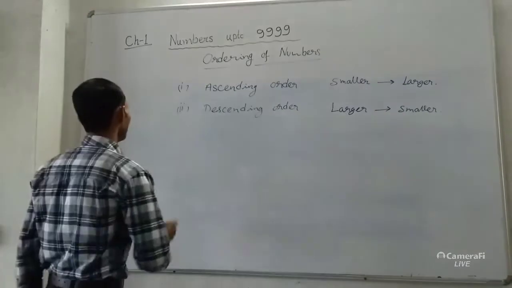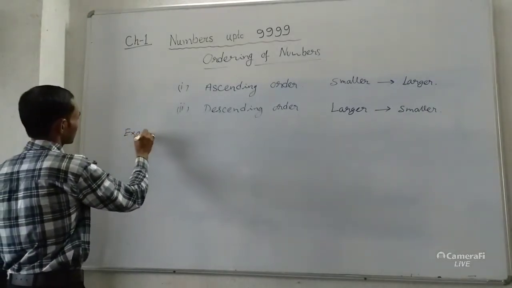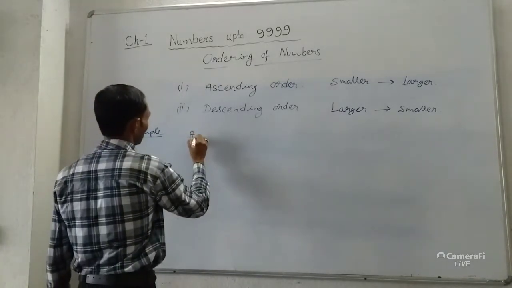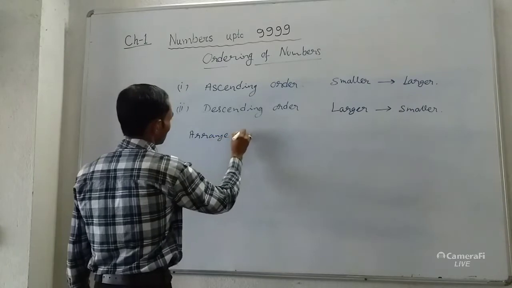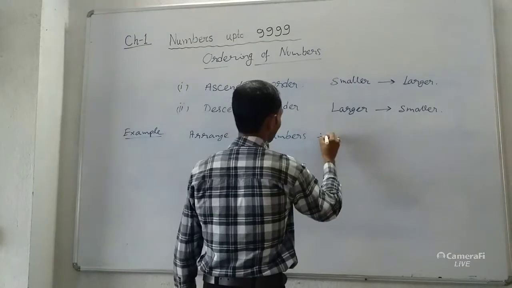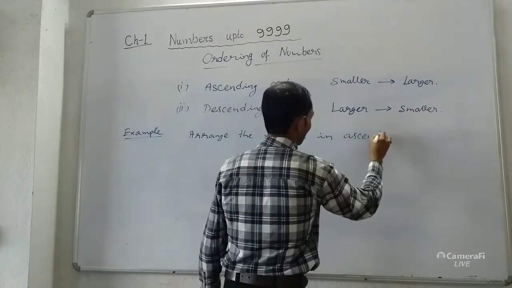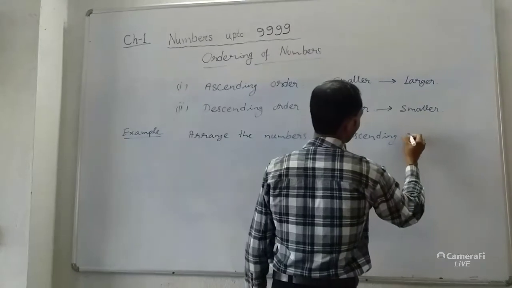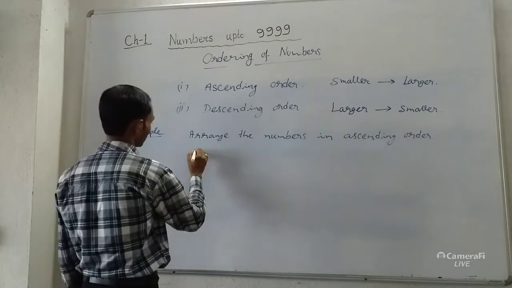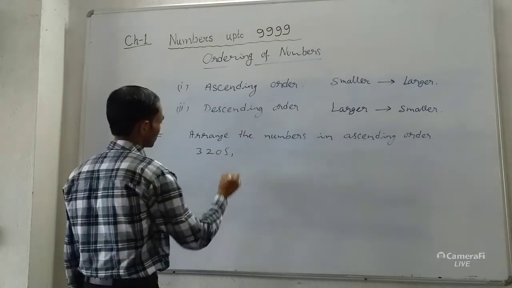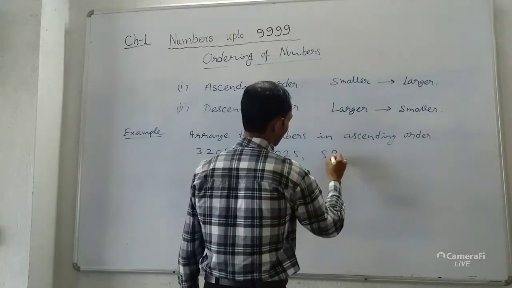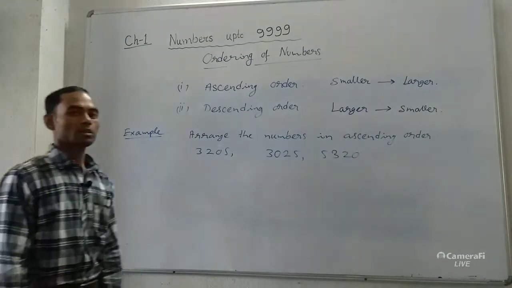Now let us take an example. The question is, arrange the numbers in ascending order. The numbers are these three.